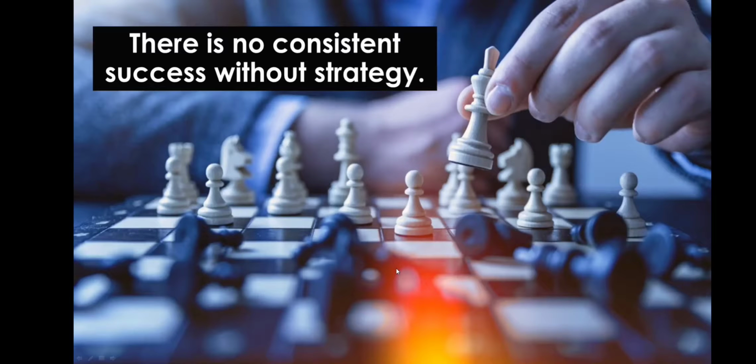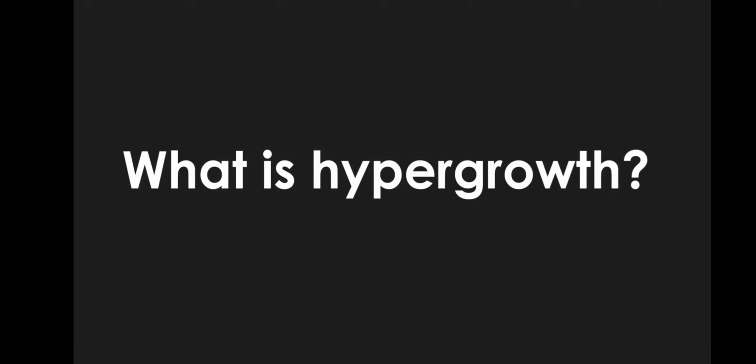Because the truth is, the highest performing YouTube channels and entrepreneurs and creatives overall think more often about their strategy, their plan, their positioning, and all of these different aspects that go into building your influence on YouTube. Because there is no consistent success without strategy.